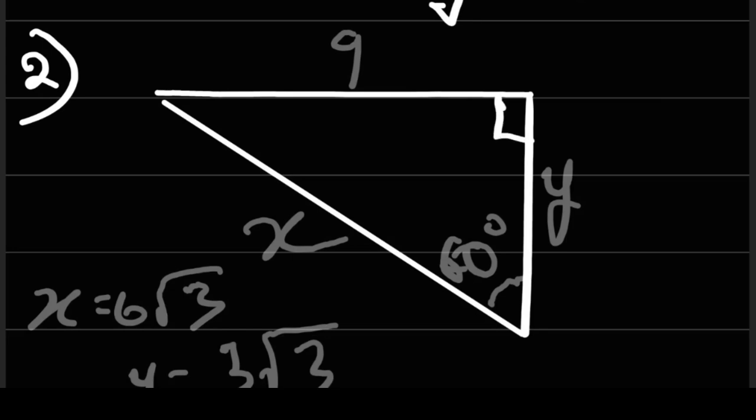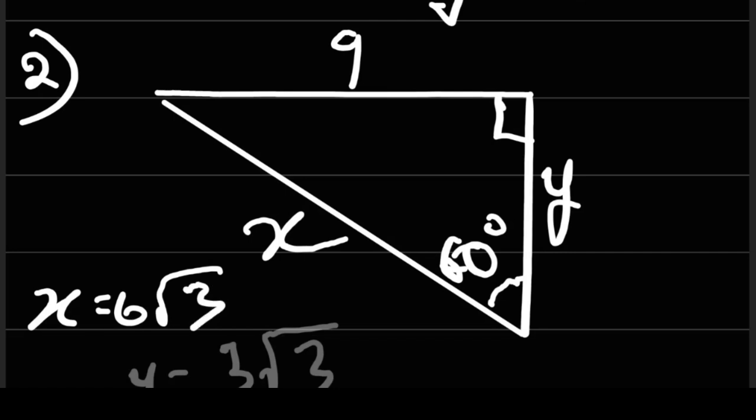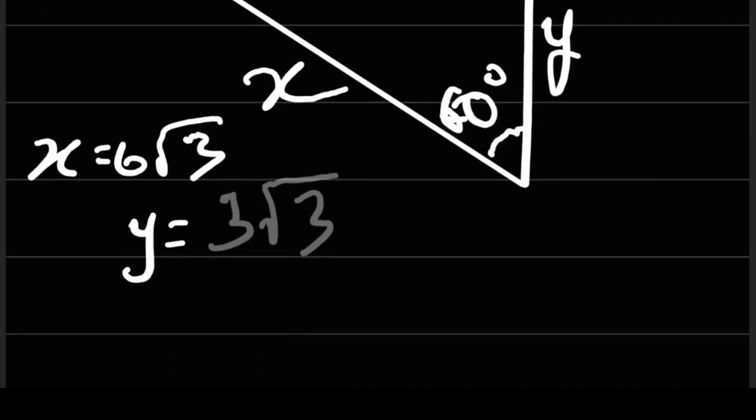This angle is a right angle. So we have our y here. We have our x here. We have 9 here. And then this angle is 60 degrees. If your work is correct, your x will give you 6 root 3, and your y will give you 3 root 3.